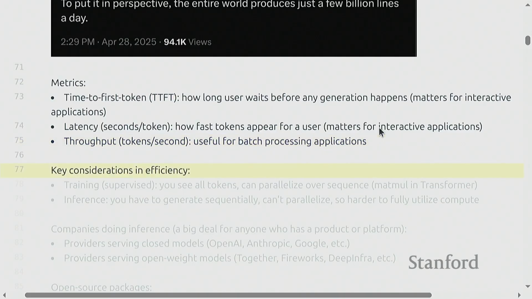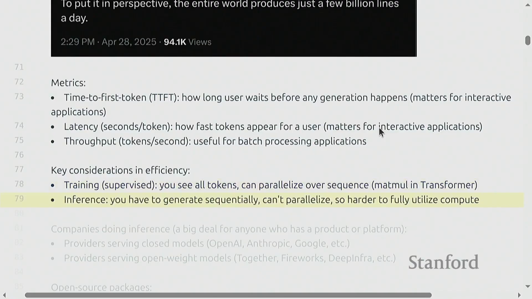So what do you need to think about when you think about the efficiency of inference? In training, the key idea is that you get to see all the tokens, at least in supervised training, which means that you can parallelize over the sequence. This is exploited heavily in the transformer. So you've done the transformer training, you know that you basically construct these tensors over the entire sequence, and it's just tensor matmuls, and then you get your output.